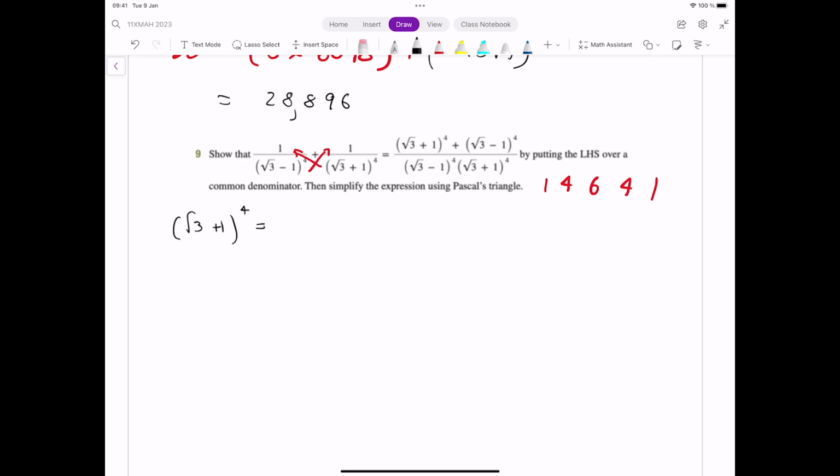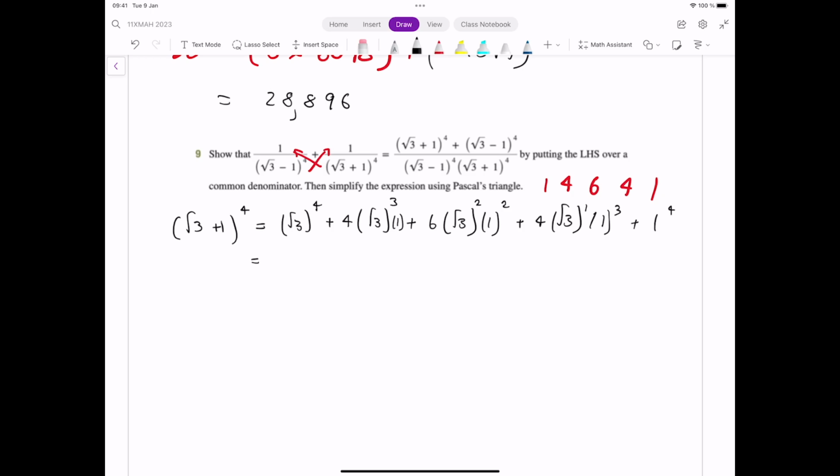So this is going to be root 3 to the power of 4 plus 4 root 3 cubed times by 1 plus 6 root 3 squared times by 1 squared, plus 4 times by root 3 to the power of 1, then 1 cubed, and then plus 1 to the power of 4.